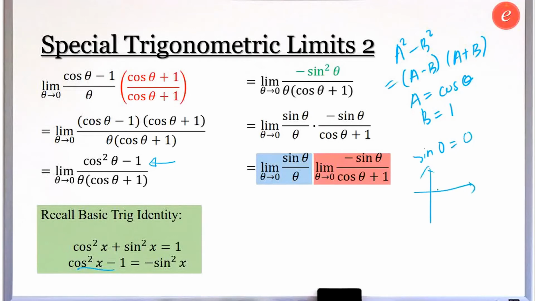From the graph of sine, it looks like this, so it's 0. So the whole red part will become 0. And 1 times 0 equals 0, therefore it is 0. We can conclude that the limit of theta approaching 0 of cos theta minus 1 over theta equals 0. This is the second special limit that we'll need later.